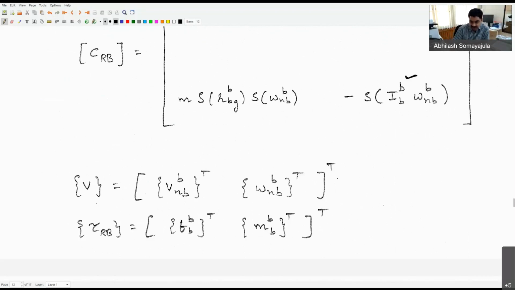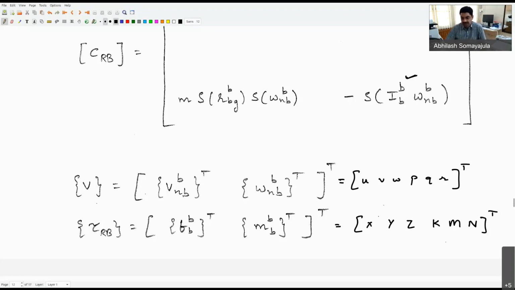Or in other words, if I want to see it in the body fixed frame, this would be U, V, W, P, Q, and R. And similarly, the force here would be X, Y, Z, K, M, N transpose.